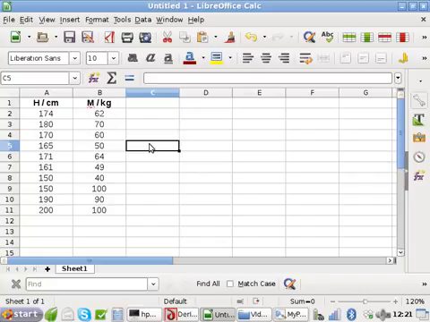Height is usually what goes on the x, because if you know the height, you want to know the weight, normally. Okay, so just write these 10 points down. Good, okay.